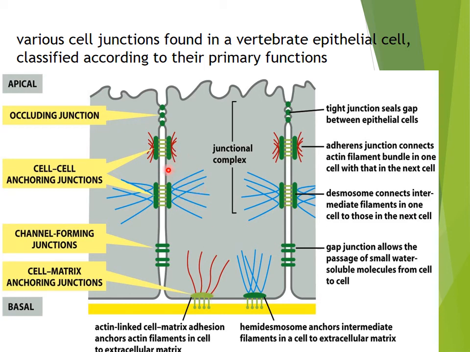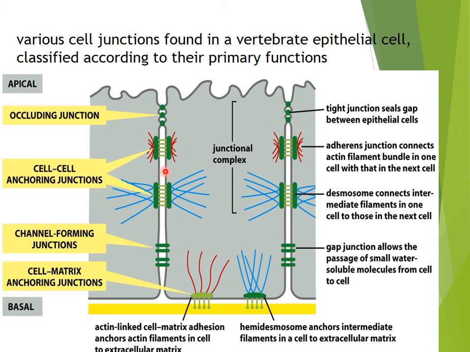They are the types of the adherens junctions, connected by the actin filament bundles on the cytosol surface. Here you can see the hemidesmosomes, connecting the basal surface to the basal lamina, so they are anchoring the intermediate filaments. And now you can see these are the gap junctions or the channel forming junctions or the communicating junctions.